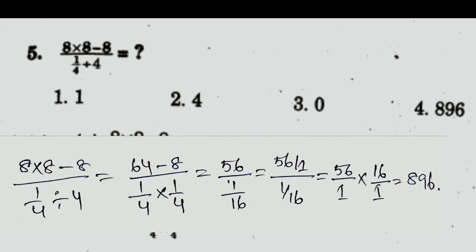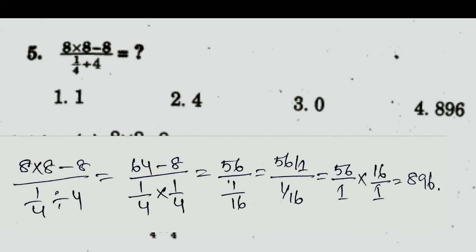So 4 has to change, numerator as denominator, denominator as numerator. So 1 by 4. 64 minus 8 is 56 by 4, 1 by 4 into 1 by 4, 1 into 1 is 1, 4 4s are 16.